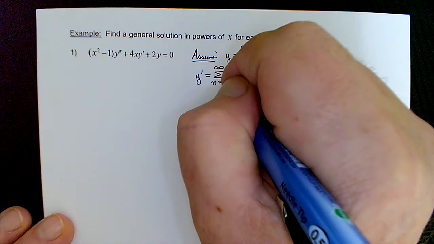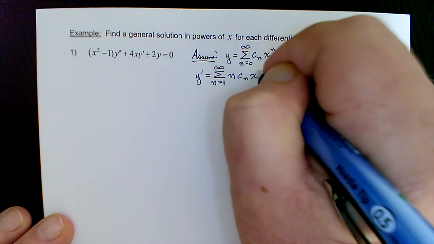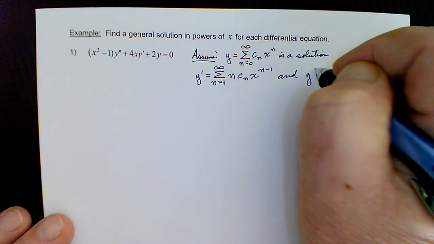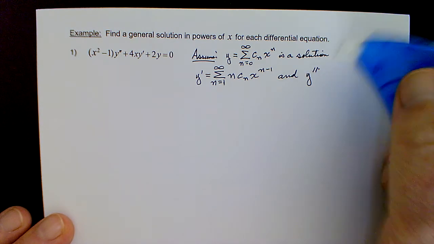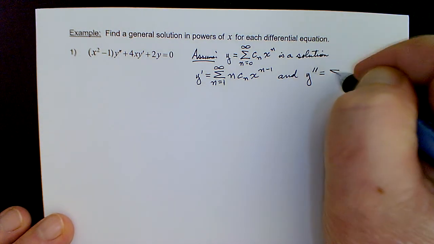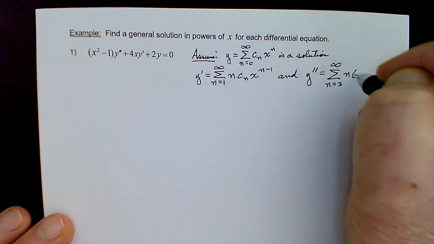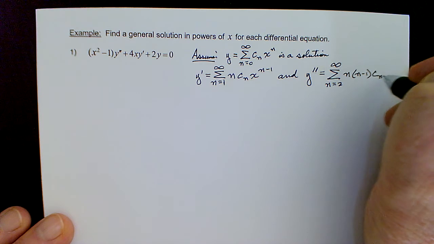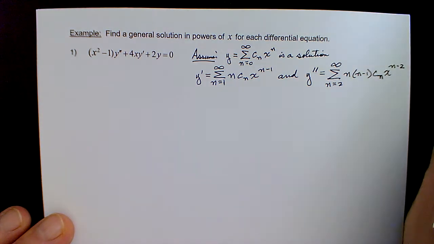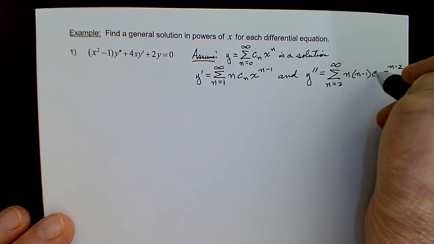So these were our theorems from the last lesson, of n c sub n x to the n minus 1, and we also have that y double prime is the sum as n goes from 2 to infinity of n times n minus 1 c sub n x to the n minus 2 power.